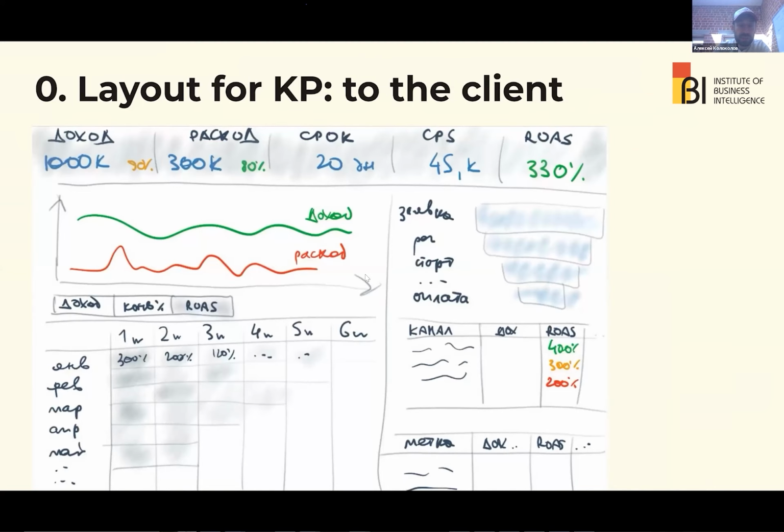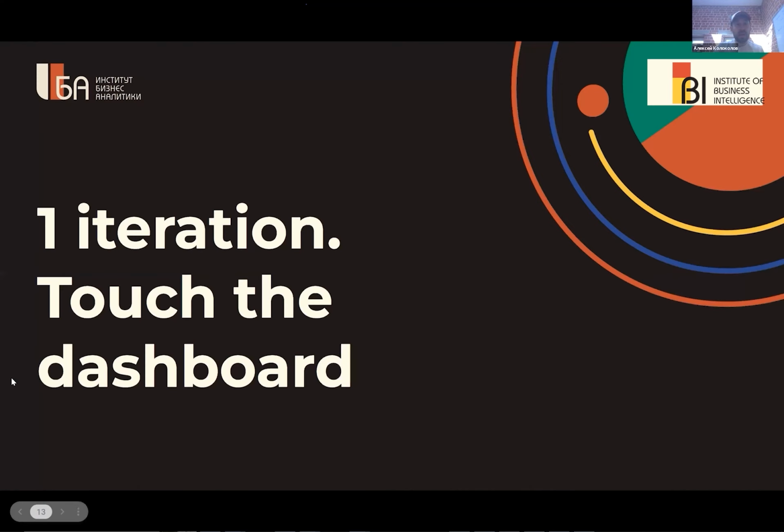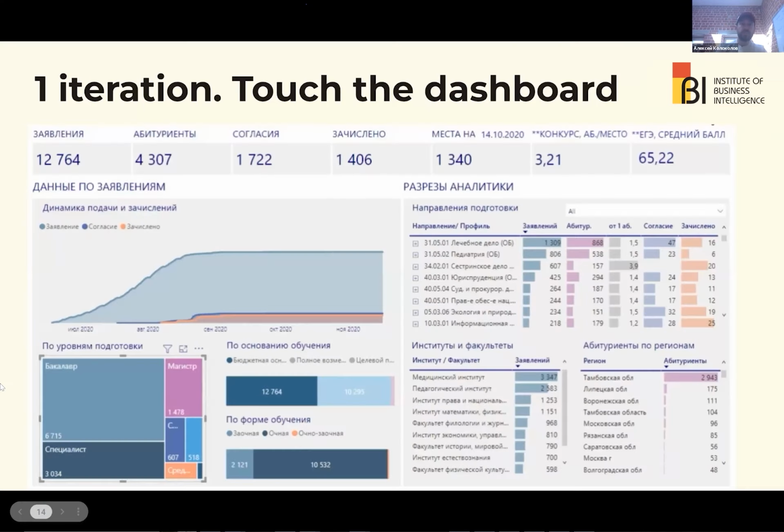I add colors, I add titles, so colorful visuals, buttons, and really that's enough to discuss with our customer what they expect from these dashboards. How will this table switch? How will this conditional formatting work? And we start our work, and the result of the first iteration is this interactive prototype.